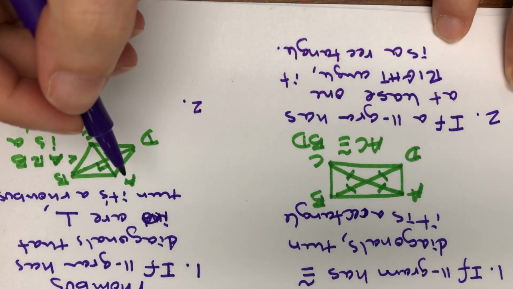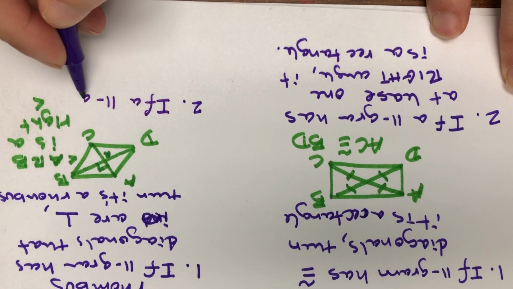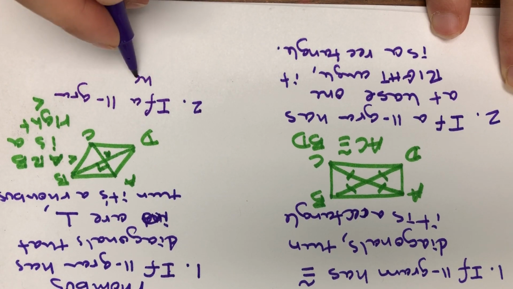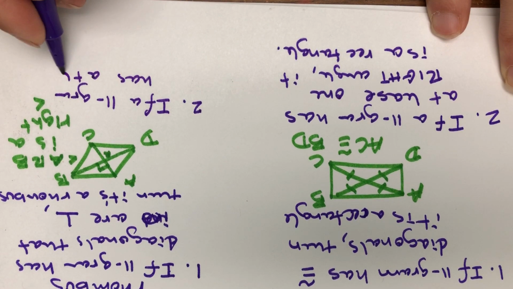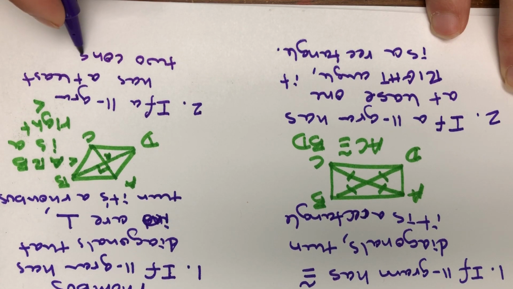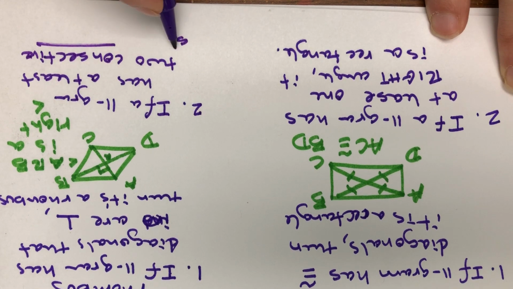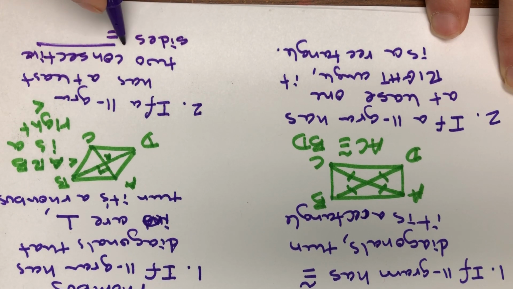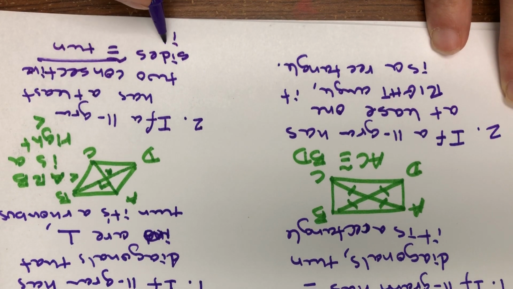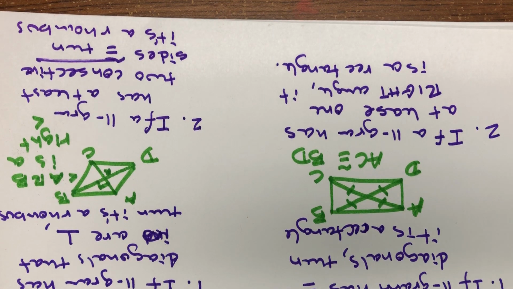All right, now, if a parallelogram has at least two consecutive sides, so that's next to each other, congruent, then it's a rhombus. Okay, so those are rectangles and rhombuses.